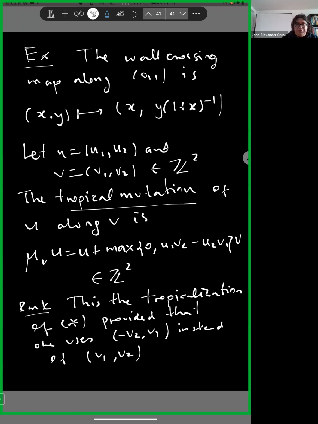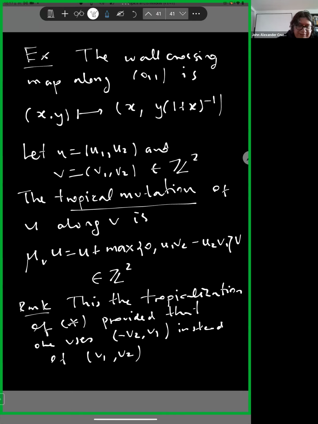So that's the thing. So I will use these two maps: the map that mutates the polynomial, and the map that mutates the vector, to define the mutation of the Landau-Ginzburg model we want to do.